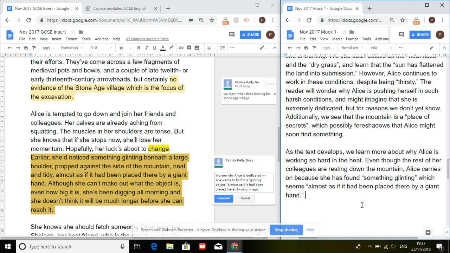So this is interesting to me because first of all, we've got this hint of magic here, like it's placed there by some sort of magic force. So why is this interesting to the reader? The reader will imagine that there might be some sort of magic force at play here.